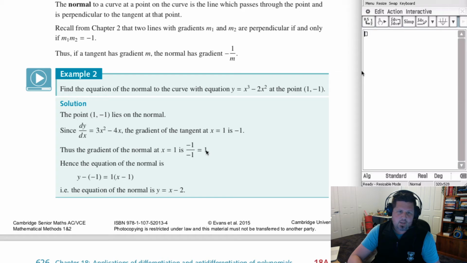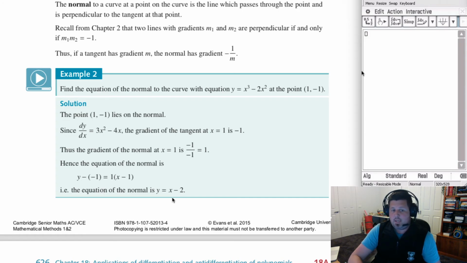We worked out the gradient of the normal, and x1 was 1. From here, it's a matter of simplifying. You can expand that out: that's 1 lot of x, and 1 take away -1 is just -1. On this side, it's y plus 1. You move this +1 over to the other side, taking away 1 from both sides, and you get the equation of the normal as y equals x take away 2.